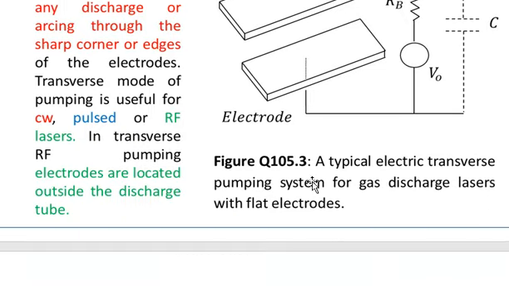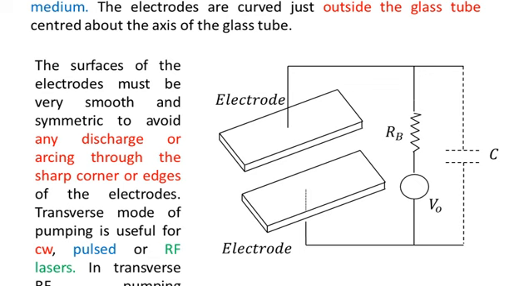You can see that the caption of figure 3 is a typical electric transverse pumping system for gas discharge lasers with flat electrodes. The shape of these two electrodes is flat, but sometimes these are usually curved in such a way that their focal point becomes the central point of the gas tube.